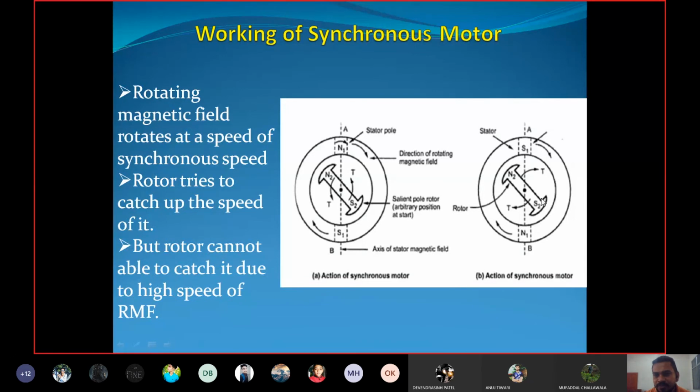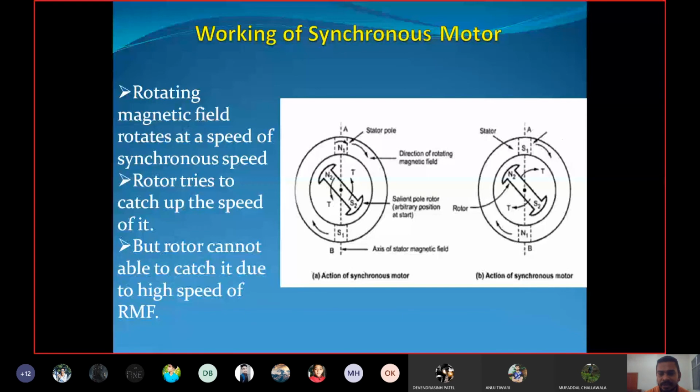In this condition, if we give some torque to this rotor in the direction of the rotating magnetic field, when two opposite poles are nearer to each other, at that time magnetic locking occurs between stator and rotor poles, and the rotor continues to rotate at synchronous speed.